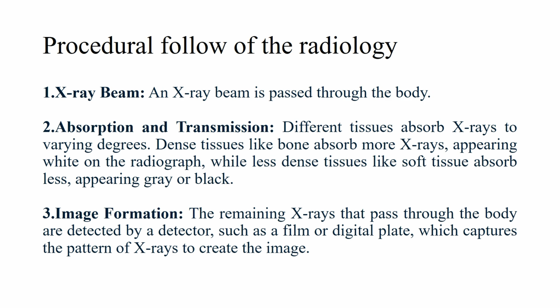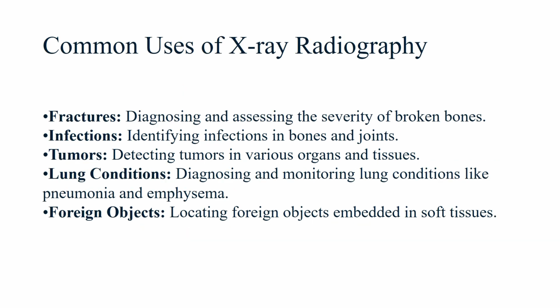We make an interpretation based on the different density image that gets formed on the radiograph. So this is just X-ray image formation. With that, we make certain interpretations which help us to do the diagnosis and the treatment in this field.